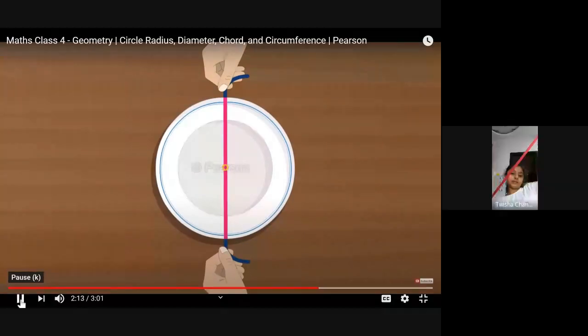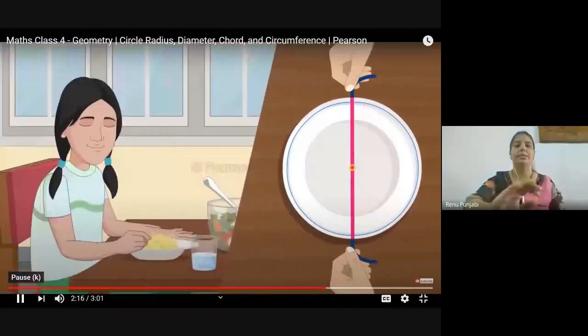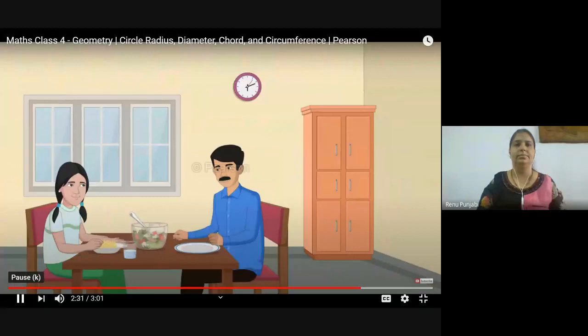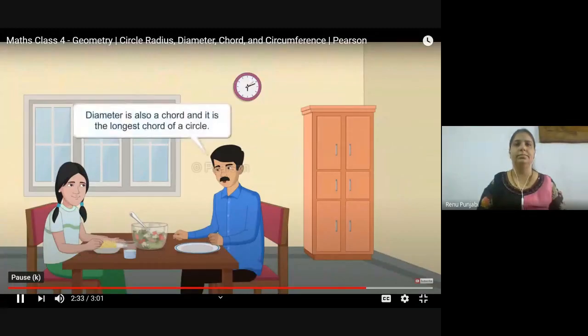Maya got a doubt and asked, "Daddy, diameter is formed by joining the two ends of a circle circumference. So is it also called a chord?" Daddy replied, "You are right, Maya. Yes, diameter is also a chord.